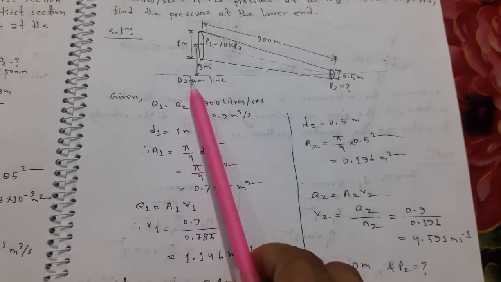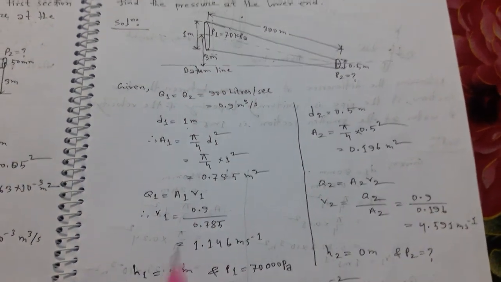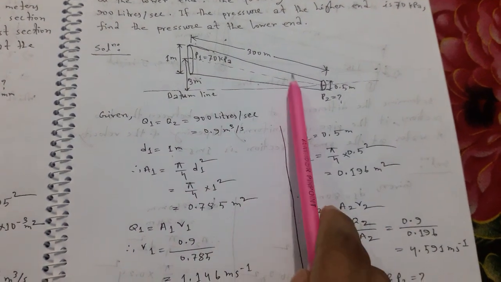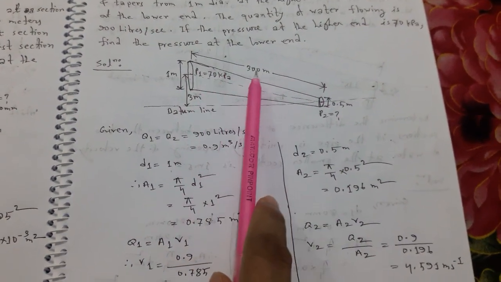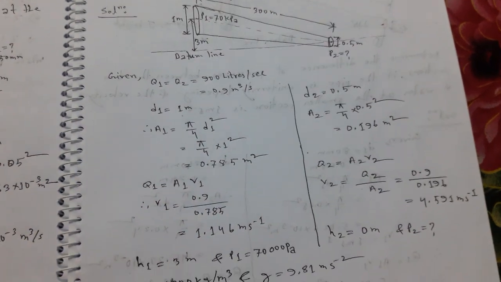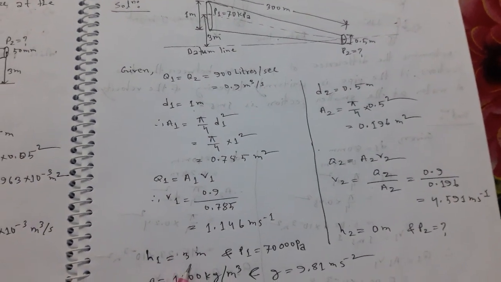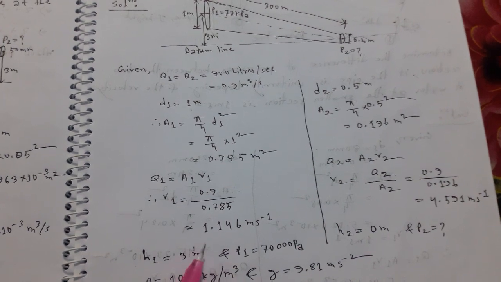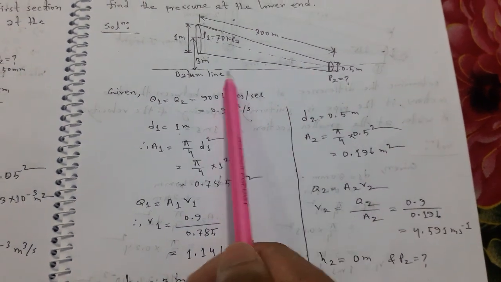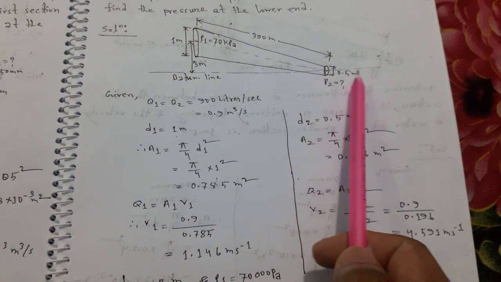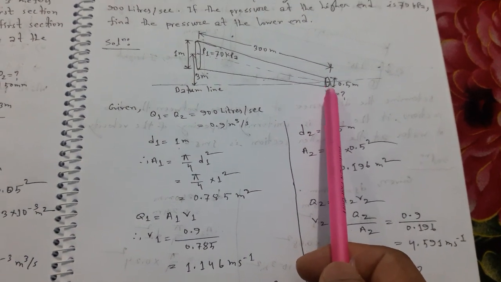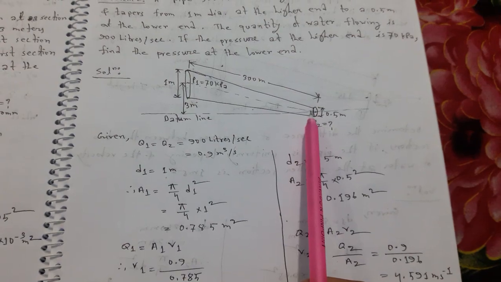Then h1 is 3 meter. Here the slope is given as 1 in 100, and the length is 300. So 300 divided by 100 gives h1 as 3 meter, and h2 is equal to 0 meter, since the datum line is passing through the lower end of the pipe.